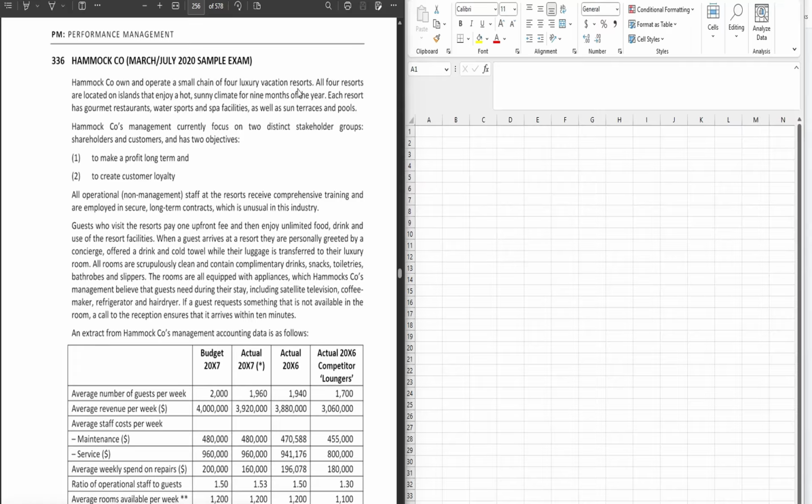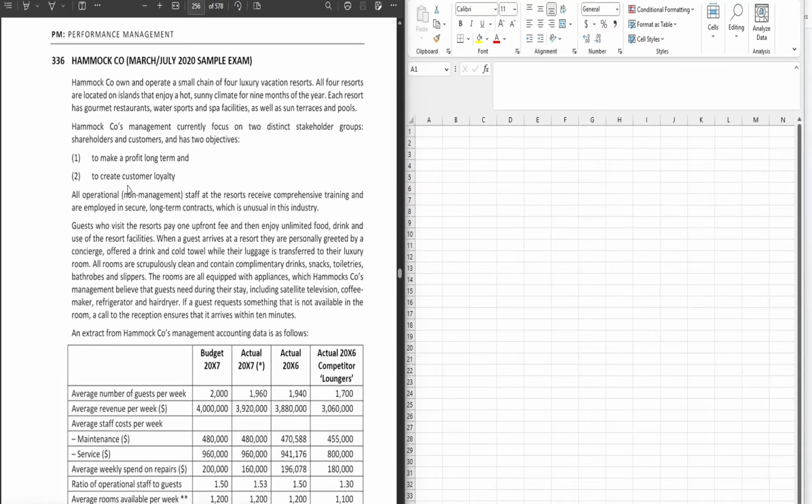Each resort has a gourmet restaurant, water sports, sports and spa facilities, as well as a sun terrace and pool. Hammock Company management currently focuses on two distinct stakeholder groups, shareholders and customers, and has two objectives: to make profit long term and to create customer loyalty.